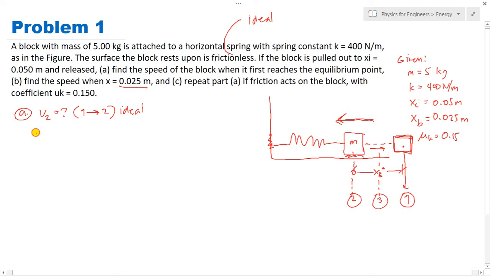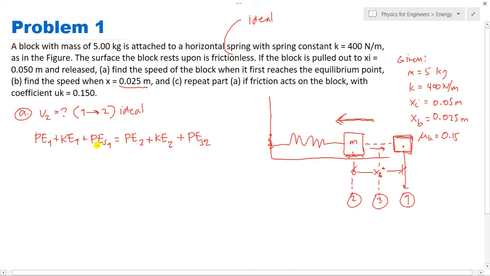So we can say that PE1 plus kinetic energy 1, and since naa man tay spring, we add the spring energy, PS1, is equal to the PE2 plus kinetic energy KE2, plus PS2.